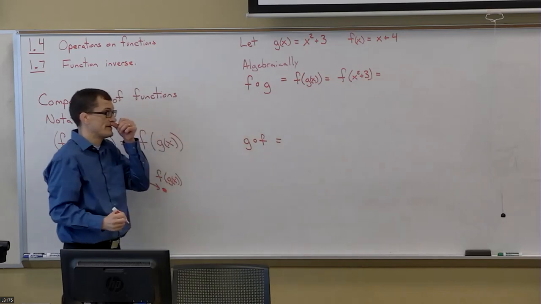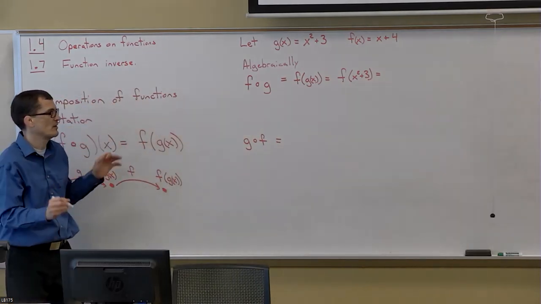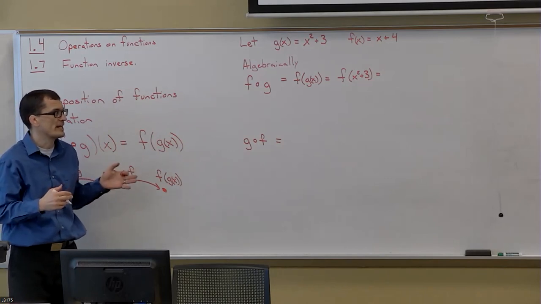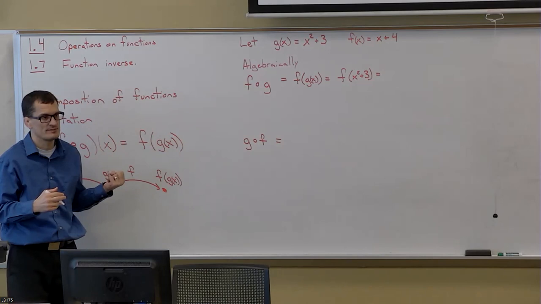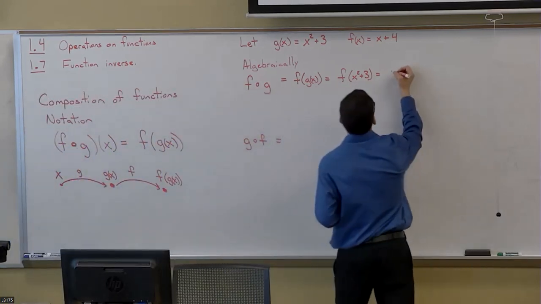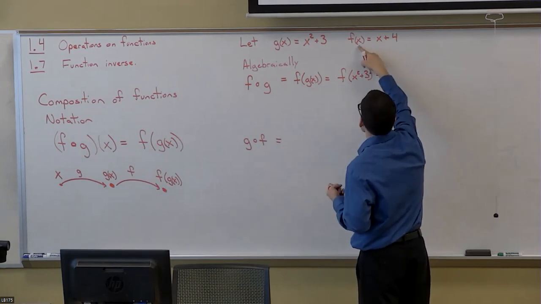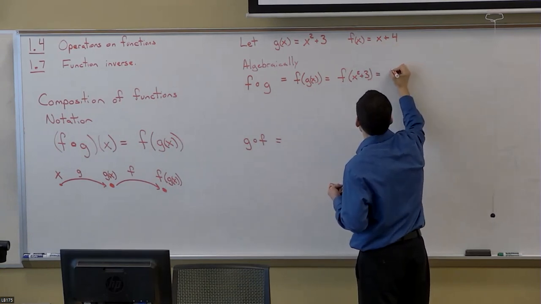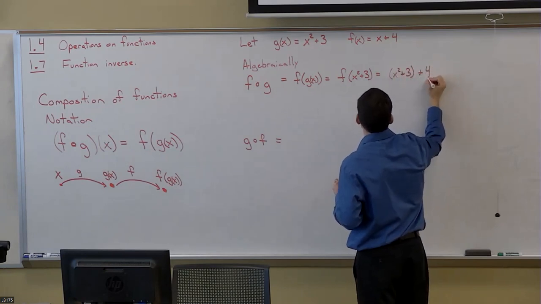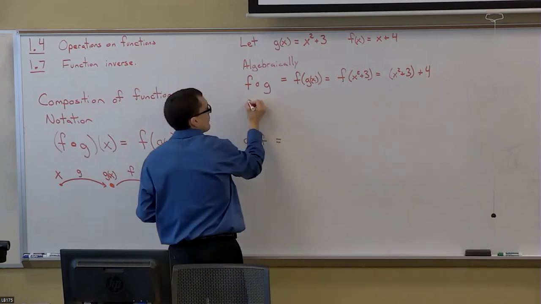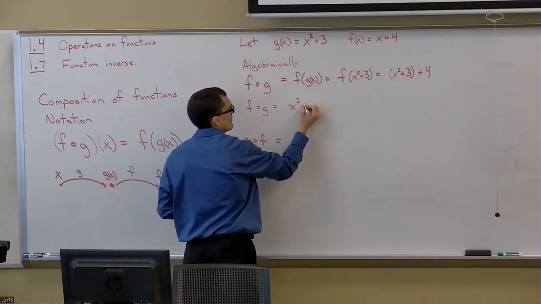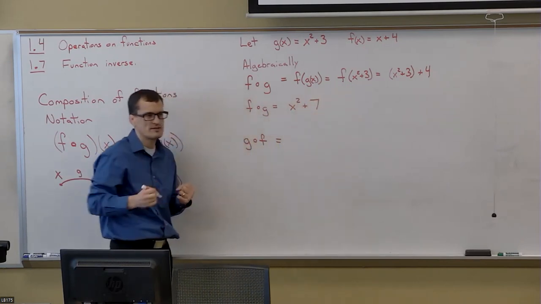All right, so let me do the f of g. That's the one I want you to be able to do right now. F of g, we plug the g of x into the f. And the g of x is x squared plus 3. So we plug that in. Our f of x is variable plus 4. Our variable now is x squared plus 3. So when you simplify that, f of g is equal to x squared plus 7.